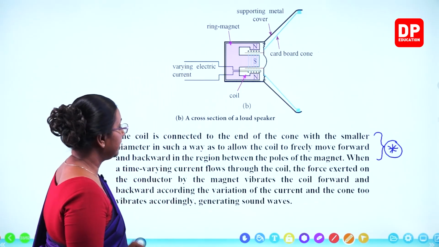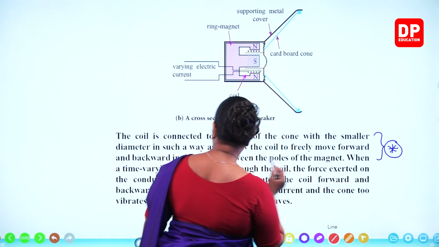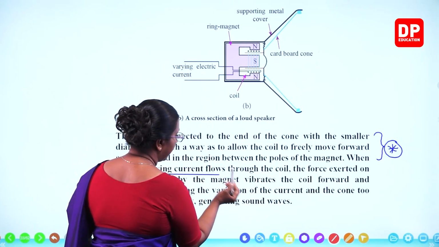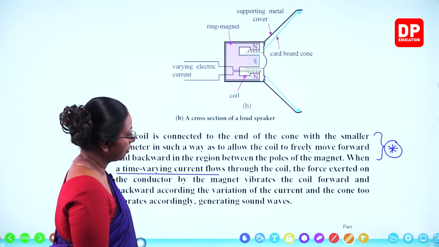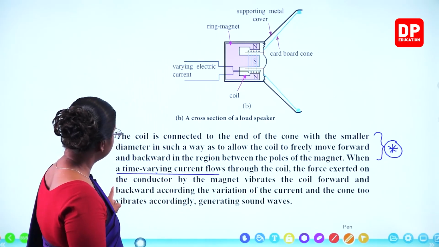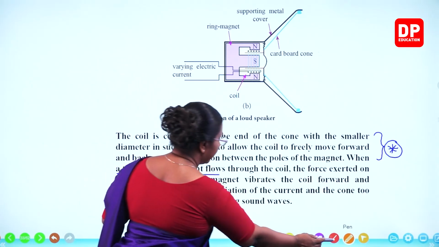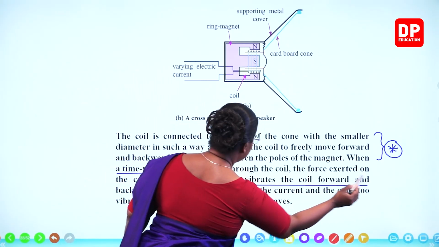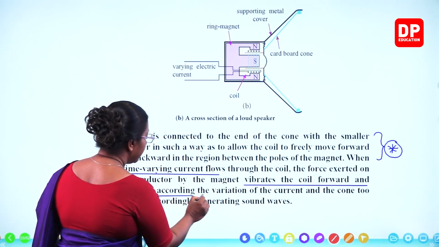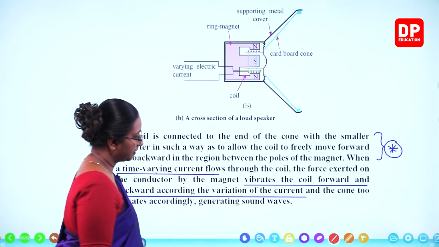When a time varying current, that is important. When a time varying current flows through the coil, the force exerted on the conductor by the magnet vibrates the coil back, forward and backward according to the variation of the current.